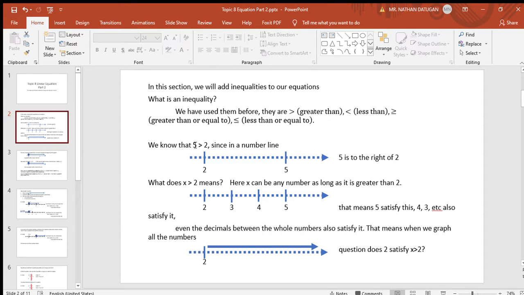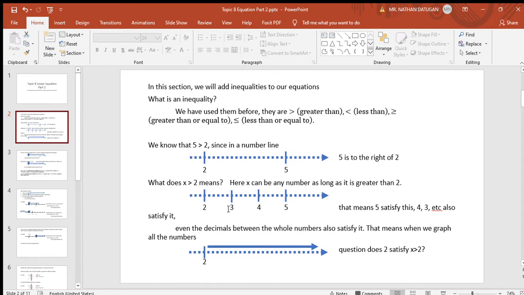We know that 5 is greater than 2, since on the number line 5 is to the right of 2. So instead of 5 and 2, what if we replace one of the numbers with a variable? Let's say x is greater than 2. What does x mean? Well, x can be any number as long as it's greater than 2.